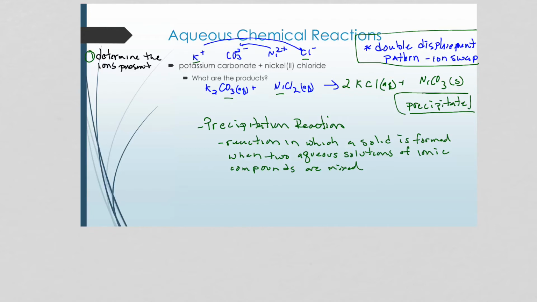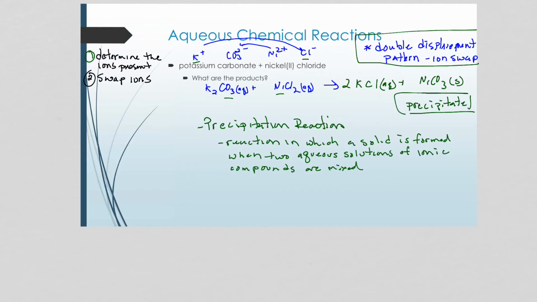So we determined that we had potassium ions and carbonate ions in solution from the potassium carbonate, and we had nickel and chloride ions in solution from the nickel chloride. We determined the ions present, we swap ions.